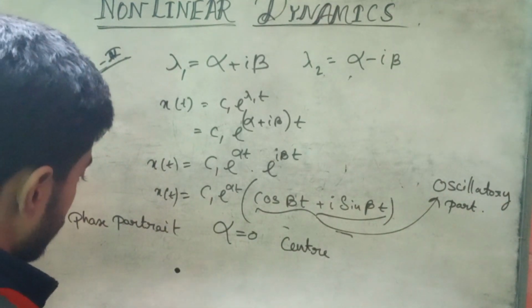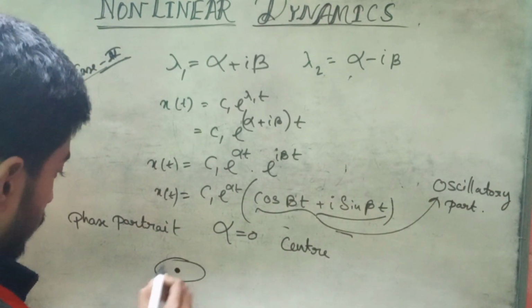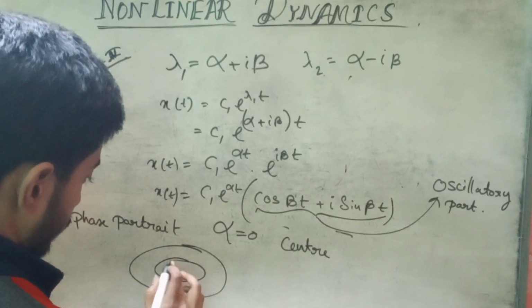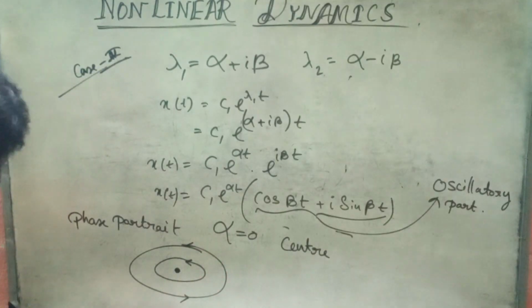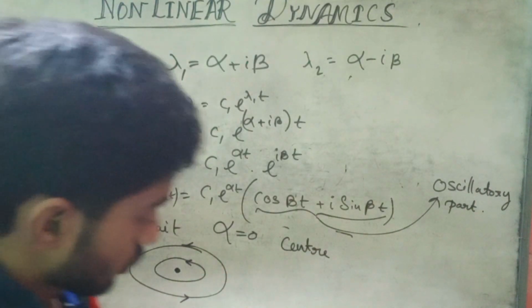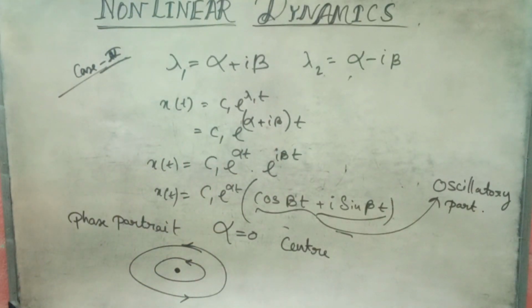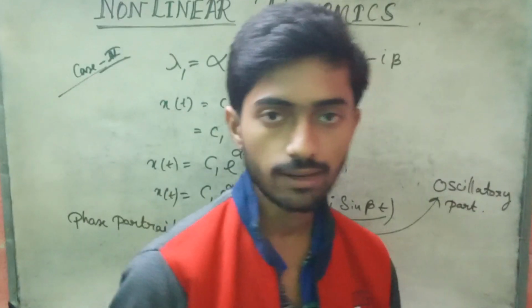The phase portrait is just like this. This is the fixed point and this is the phase portrait, and the direction depends on the given situation. So these are all the cases of eigenvalues.